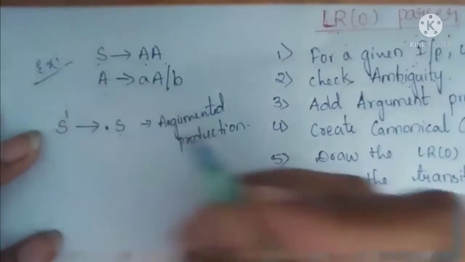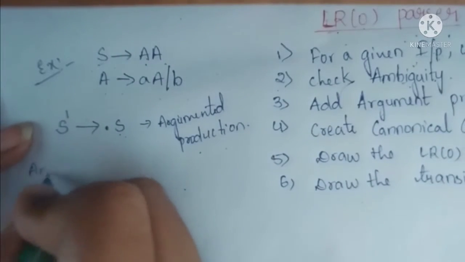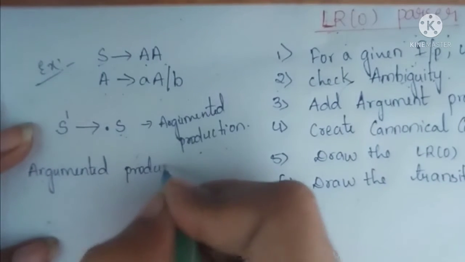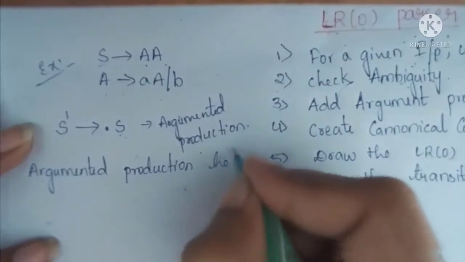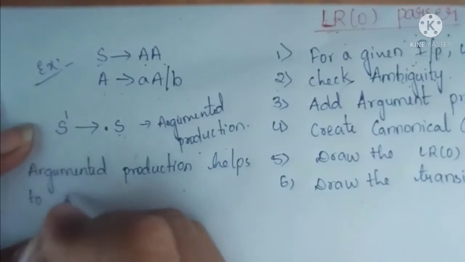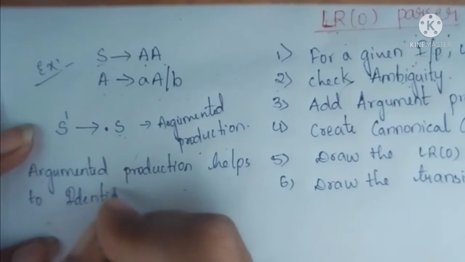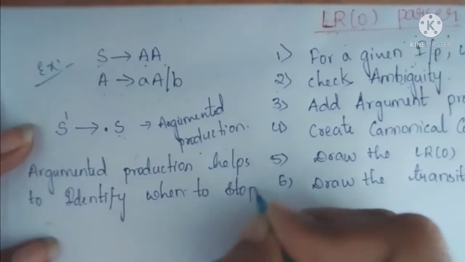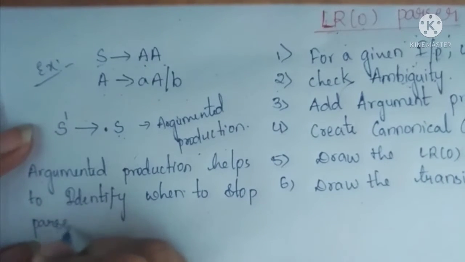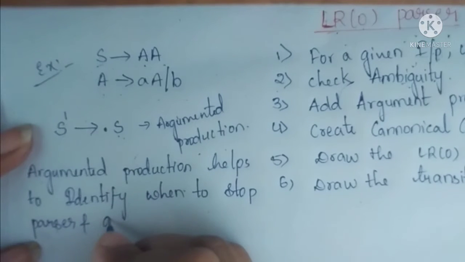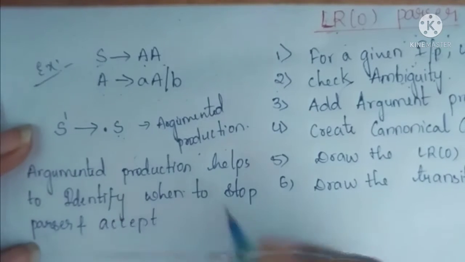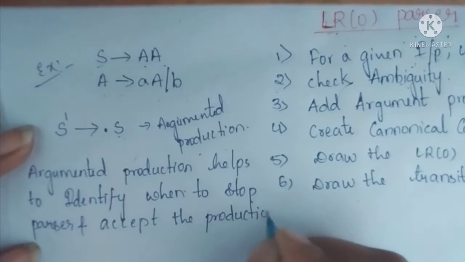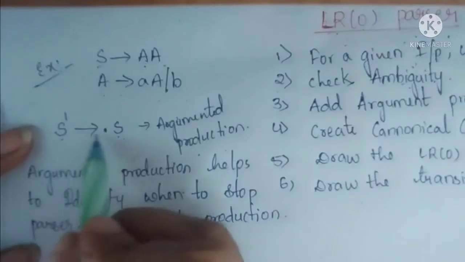I'll write here: augmented production helps us to identify when to stop the parser, and also it will give the information when to accept the production. Okay, so that is why we are adding the augmented production with our grammar.